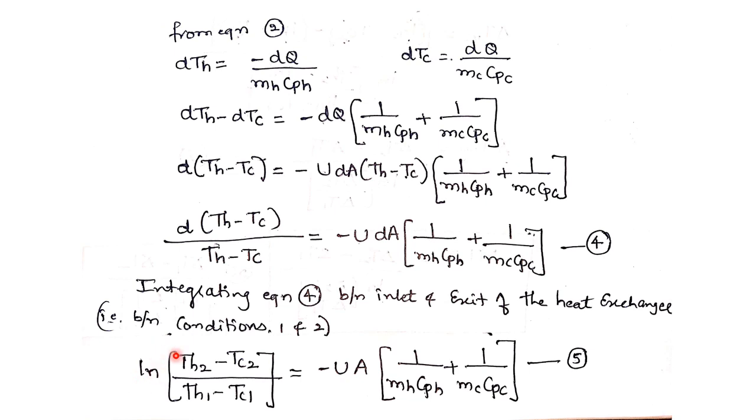With the limits 1 to 2 applied, I get log of (TH2 minus TC2) divided by (TH1 minus TC1) equals minus U. Here also the U term and these terms are constant. So the integration of dA with the limits A equals 0 to A equals A will be A only. The rest of the equation remains as it is: 1 divided by mH into CPH plus 1 divided by mC into CPC.